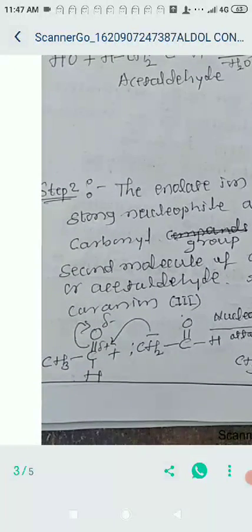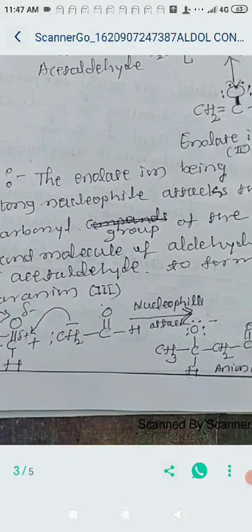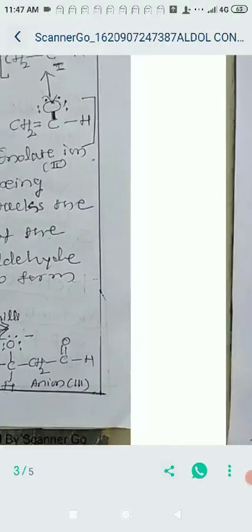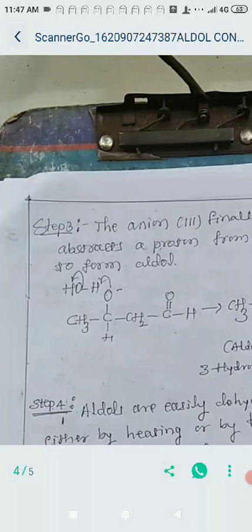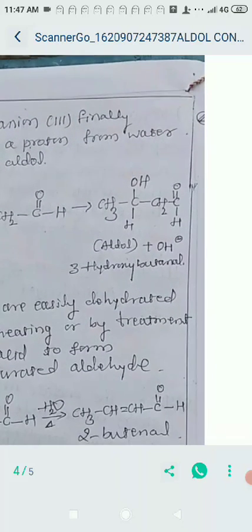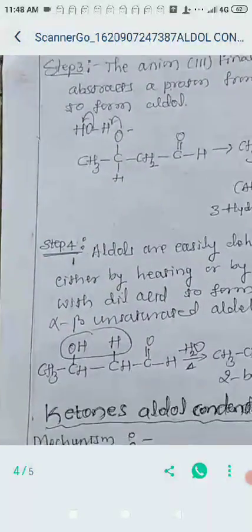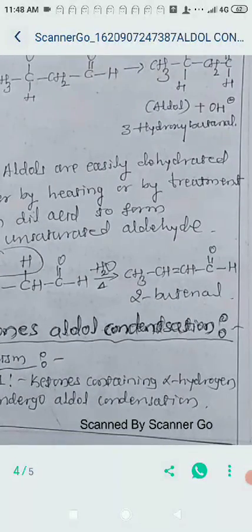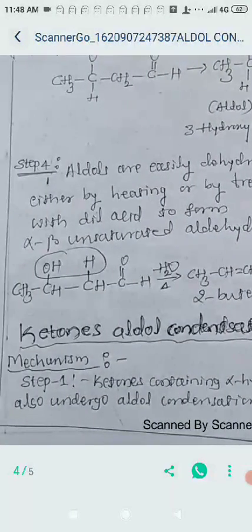That enolate ion again reacts with acetaldehyde to form an anion. That anion accepts a proton from water to form the alcohol, that is 3-hydroxybutanal. And again in step 4, dehydration of 3-hydroxybutanal takes place to form 2-butenal. This is the four step mechanism.